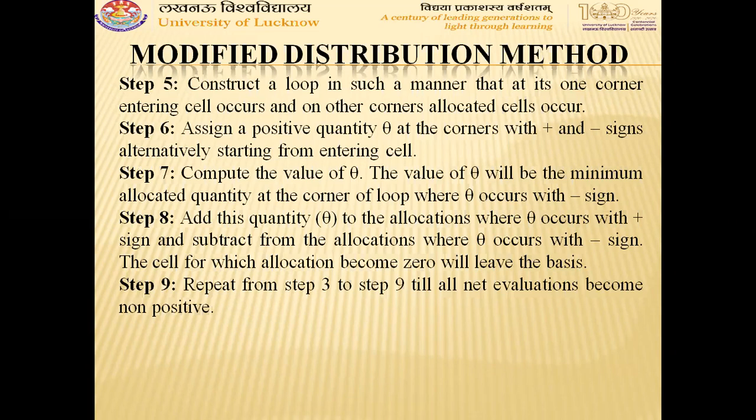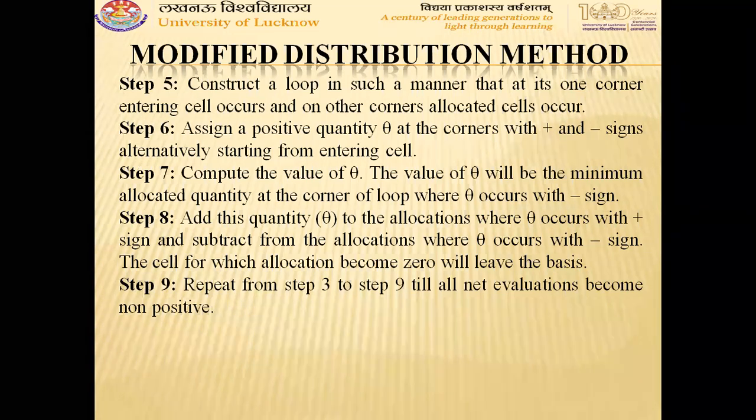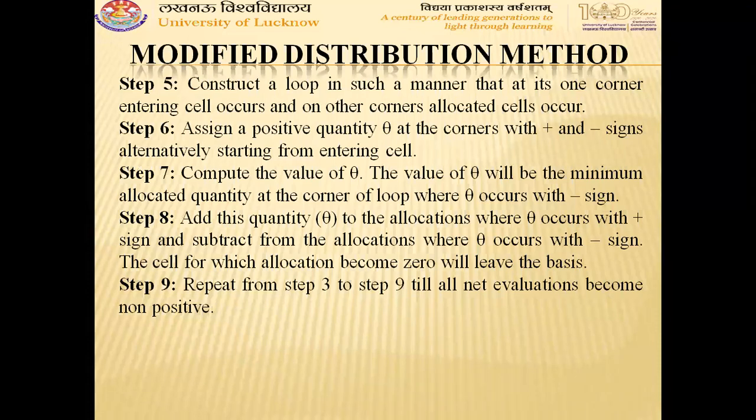Then we add theta to the allocations where theta occurs with plus sign and subtract it from the allocations where theta occurs with minus sign. The cell for which the allocation becomes 0 will leave the basis.